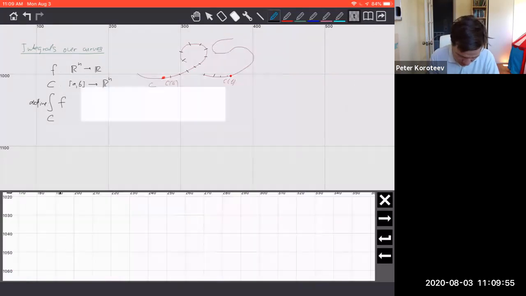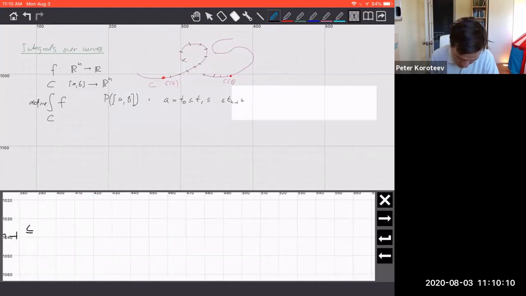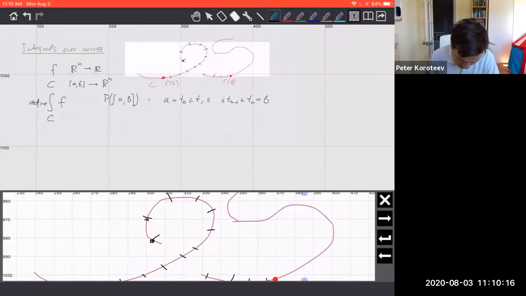The partition is a set of points, and we have two neighboring points, C of ti and C of ti plus 1.